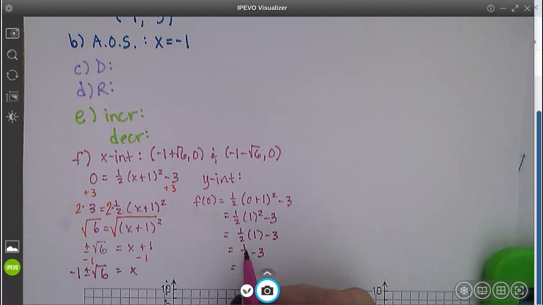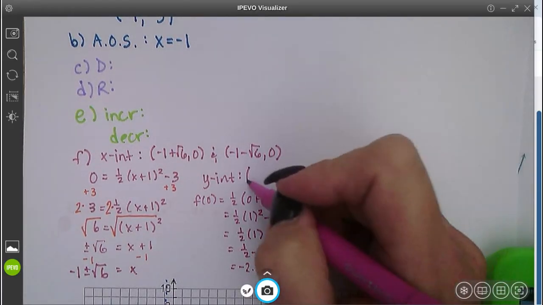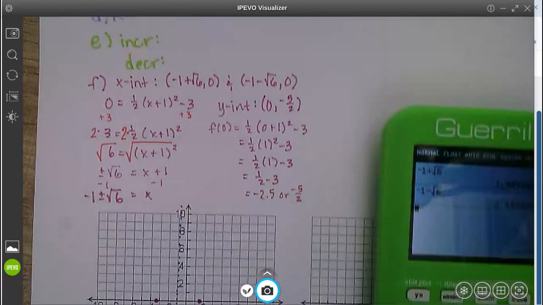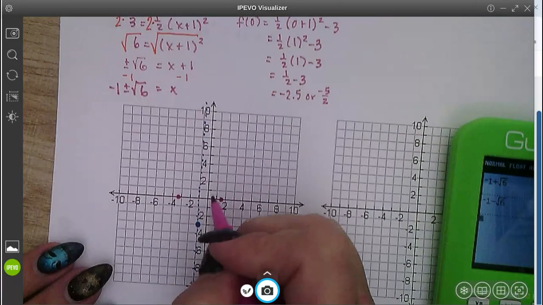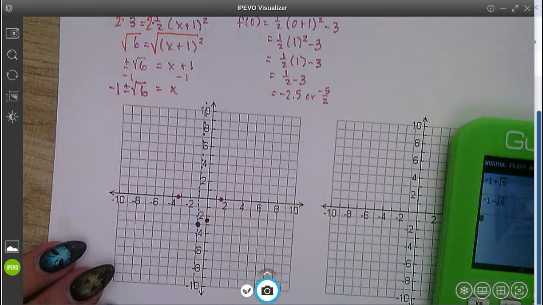So that is 1/2 minus 3, which is negative 2.5 or negative 5 over 2. So that y-intercept would be (0, -5/2). And I'm going to put that on my graph at negative 2.5 right there.